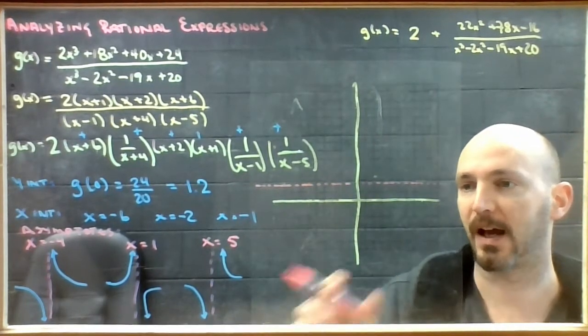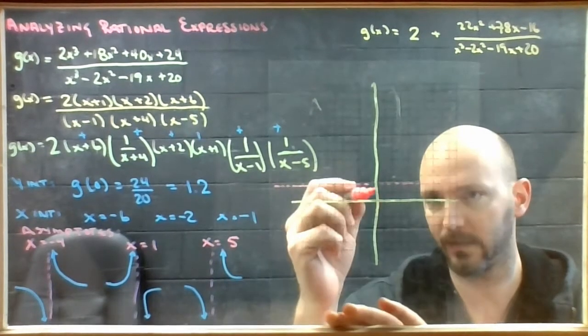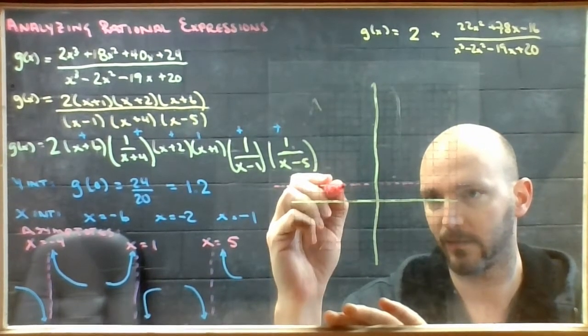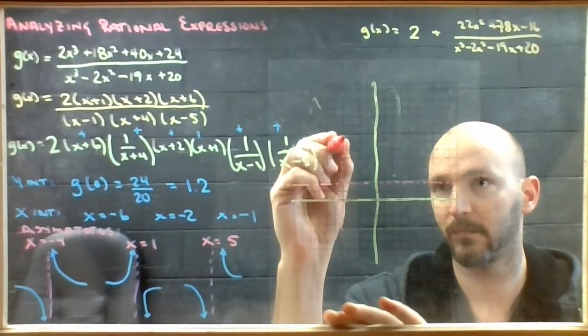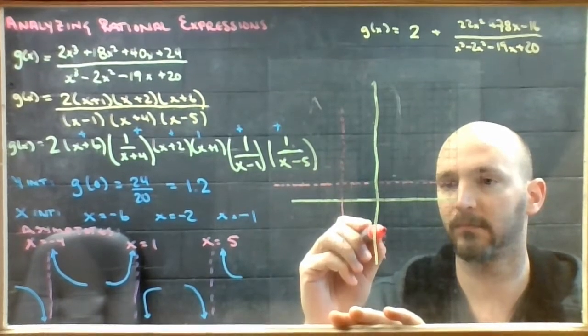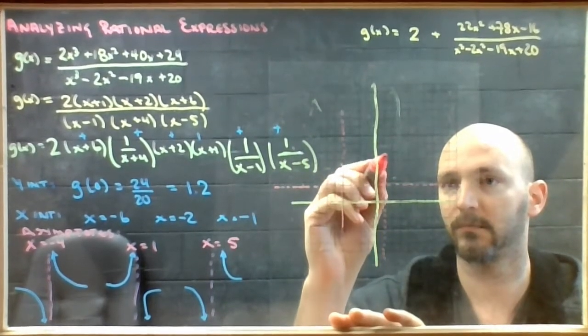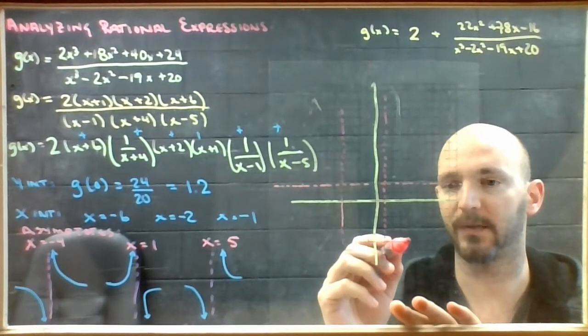Alright, so I have, since I have pink in my hand, an asymptote at -4. 1, 2, 3, 4. And one at 1. One at 5. 1, 2, 3, 4, 5.